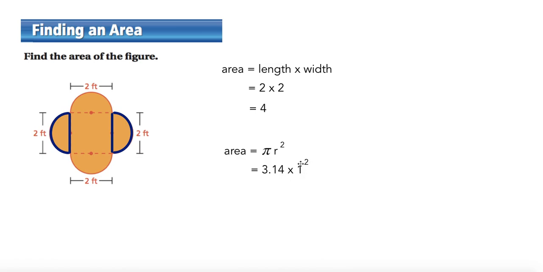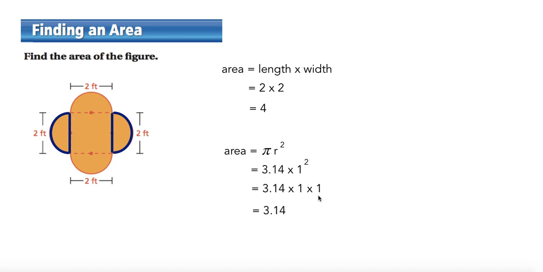I got the value 1 because if 2 is my diameter, then half of my diameter must be 1 to represent my radius. Rewriting this as 3.14 times 1 times 1, my area equals 3.14.